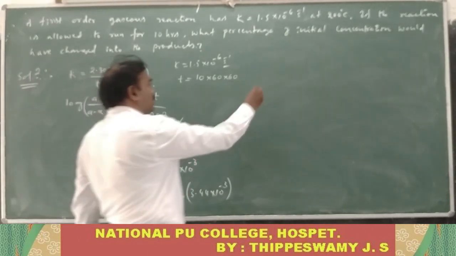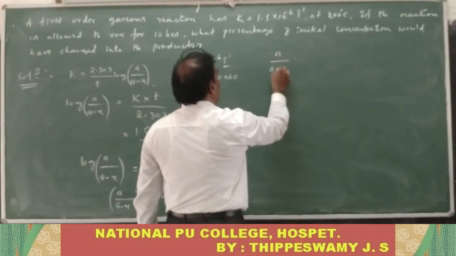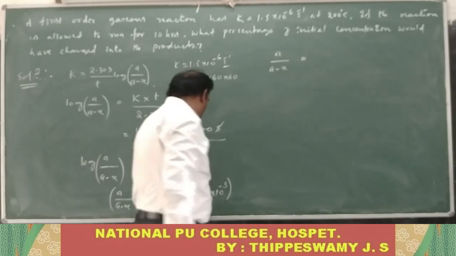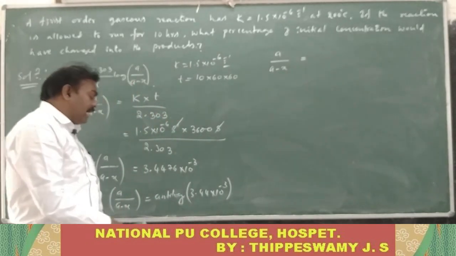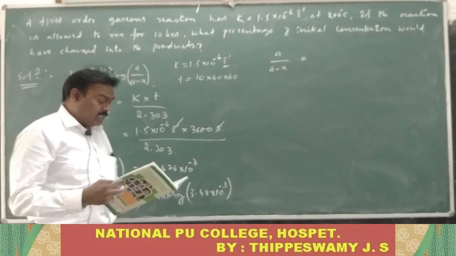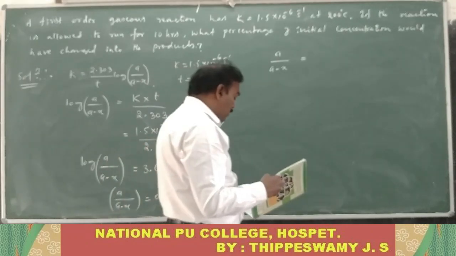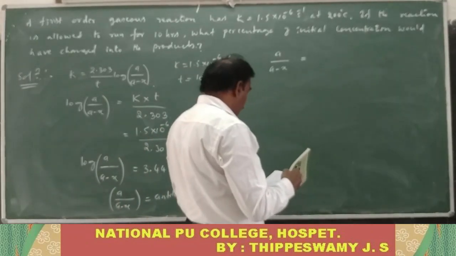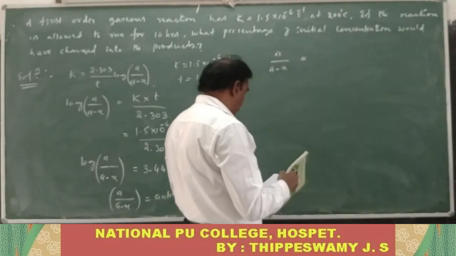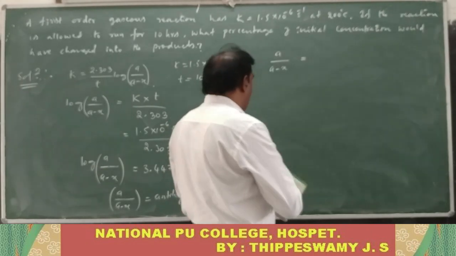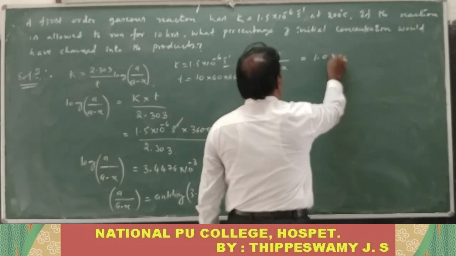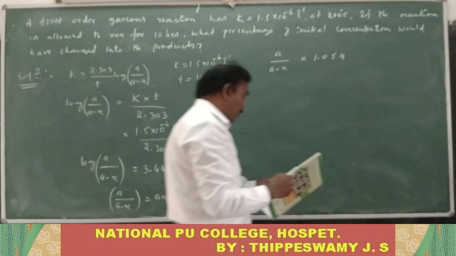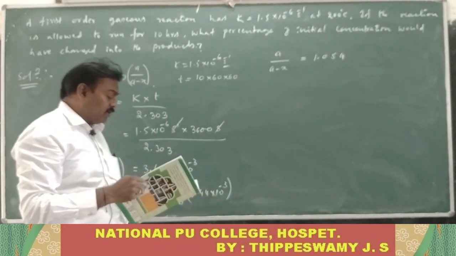On simplification, just going through the anti-logarithm values, what are we getting now? 1.054 you are getting.